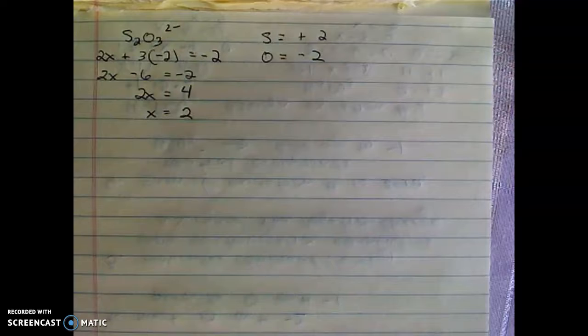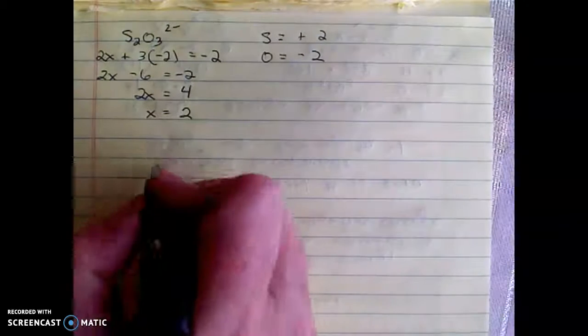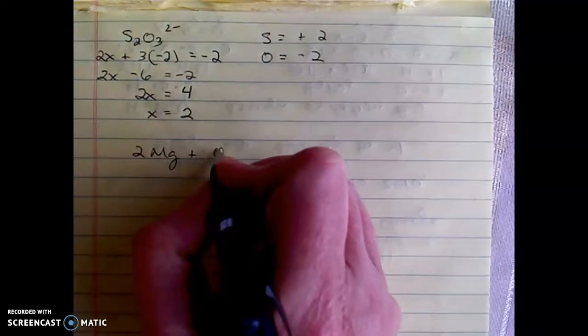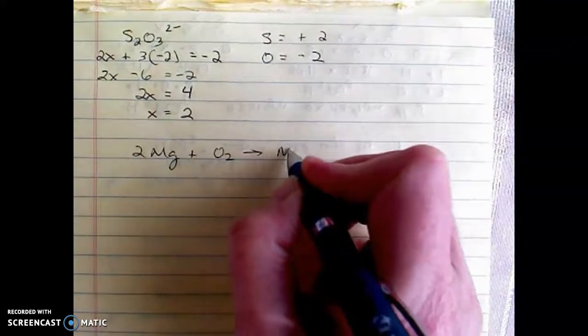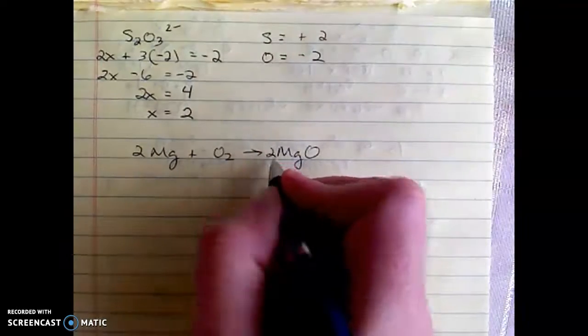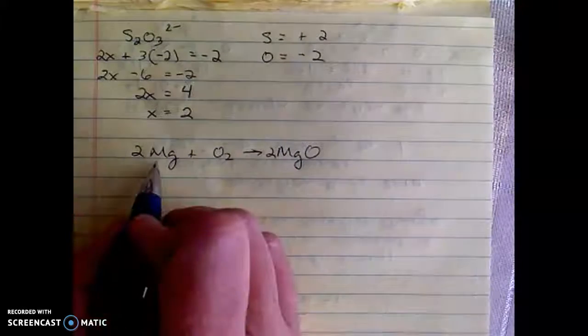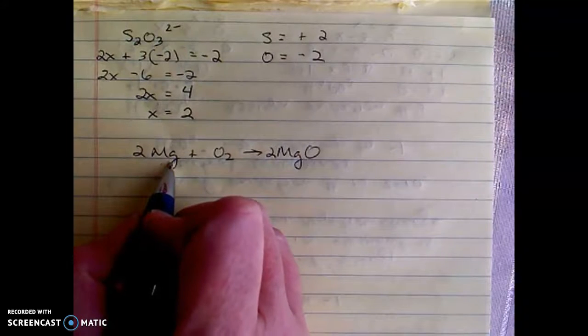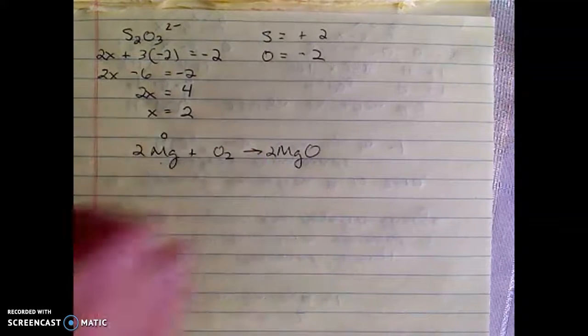Now let's look at the oxidation numbers in an actual reaction. Let's take a look at the reaction of magnesium with oxygen to produce magnesium oxide. Now it's balanced. All right. Magnesium, I'm just going to write the oxidation states over top of the elements. Magnesium here is an element, not combined with anything, so it has an oxidation state of 0.